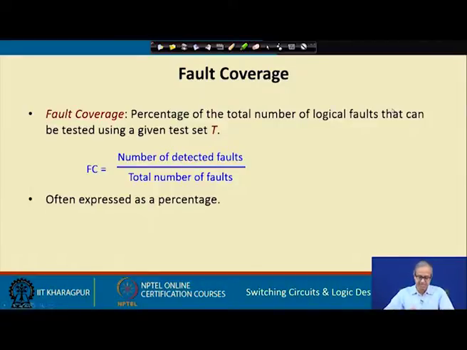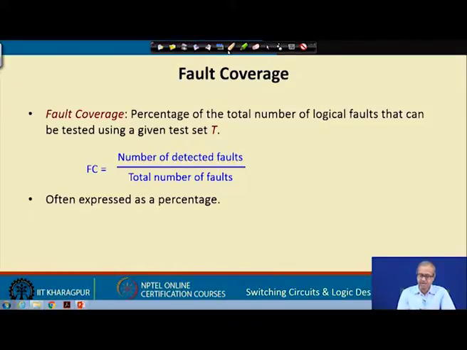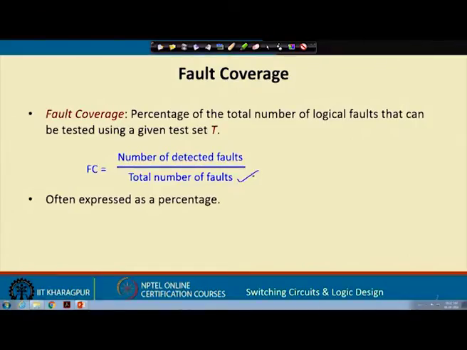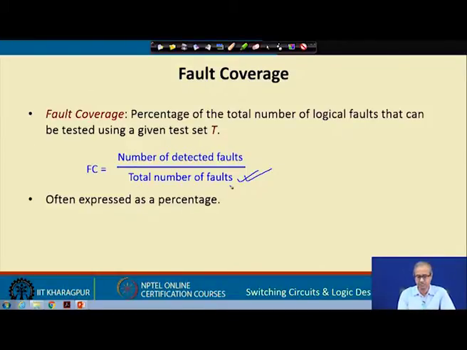There is one parameter we use to assess the quality of testing. This is called fault coverage. Fault coverage is determined by two parameters. Here the implicit assumption is that we already have a fault model, so we have a mechanism using which we can count how many faults are there in the circuit. The denominator is the total number of faults, and the numerator is the number of these faults we are able to test. The ratio of these two is defined as the fault coverage.